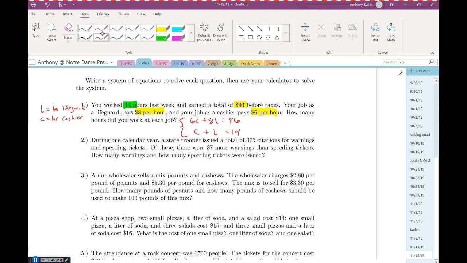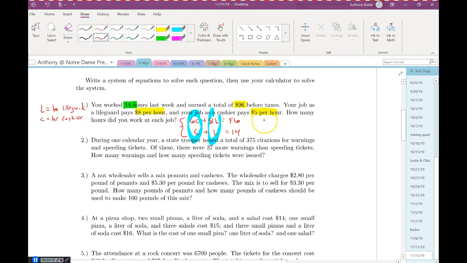So you have the hours that you spent cashiering plus the hours you spent lifeguarding. Worth pointing out that when we write our system, we got to make sure our variables line up vertically. So you guys did a good job of making sure that happened here. But if your variables don't line up vertically like that, and you try to type your system into your calculator, you're not going to get the right answer.